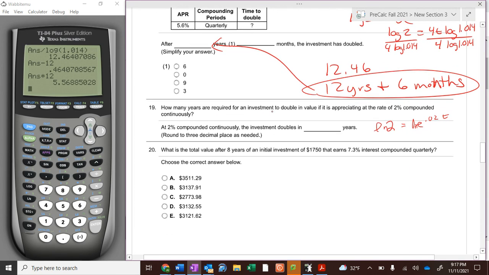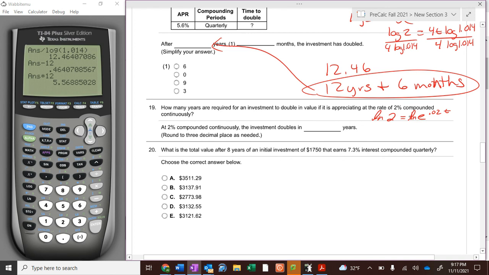How many years are required for an investment to double if it's appreciating at a rate of 2% compounded continuously? All right. Doubling. Let me erase this. So it's $2 for every $1. e to the rt, 0.02 times the time power. A way to get rid of e's really quickly is natural log both sides.